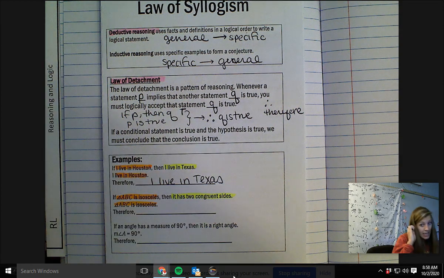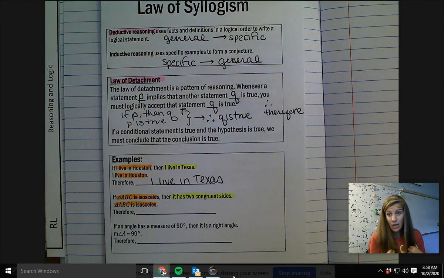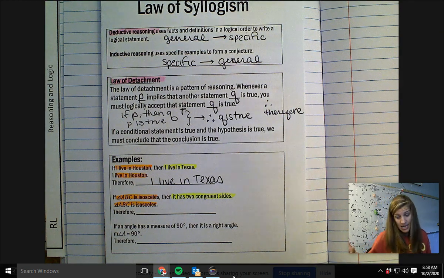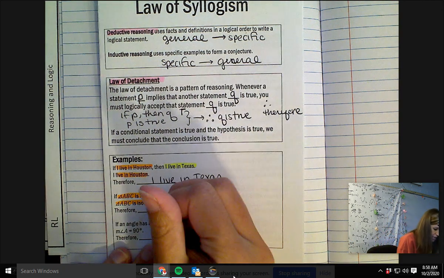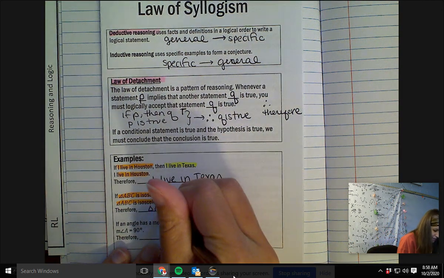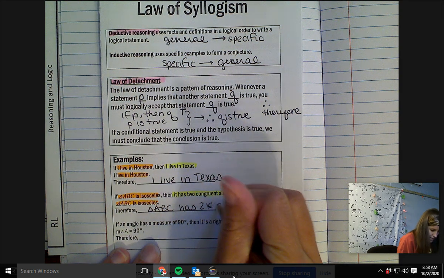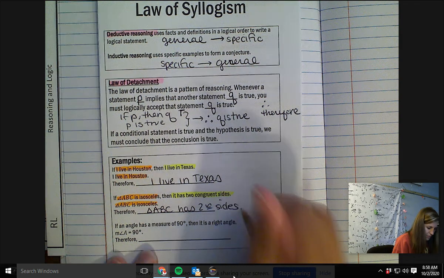So it's true to say that if you are isosceles, then you have two congruent sides. Then I have some triangle that is isosceles. Therefore, I can conclude triangle ABC has two congruent sides.